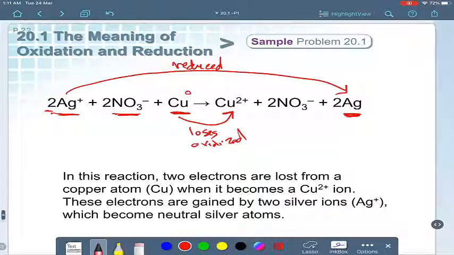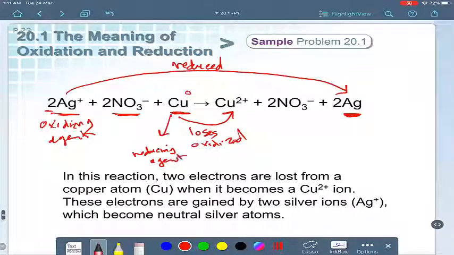The substance that reduced is called the oxidizing agent. The substance that oxidized, this copper, is the reducing agent. You understand? So easy, I guess.